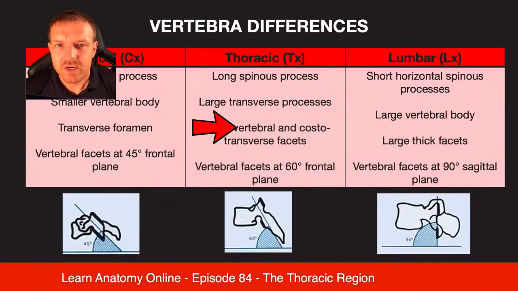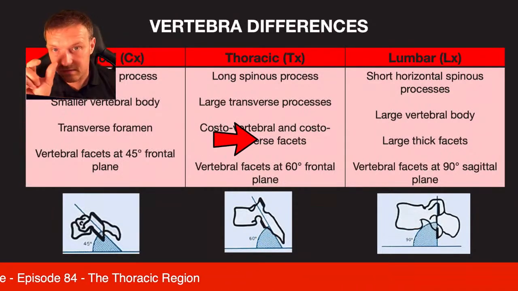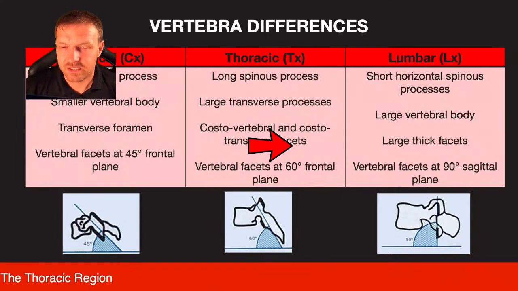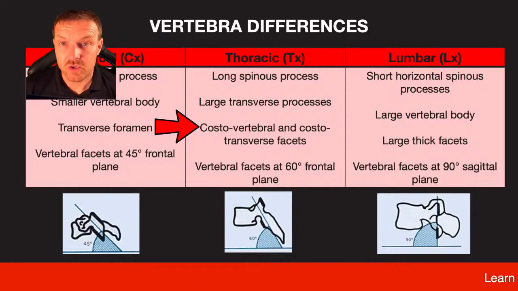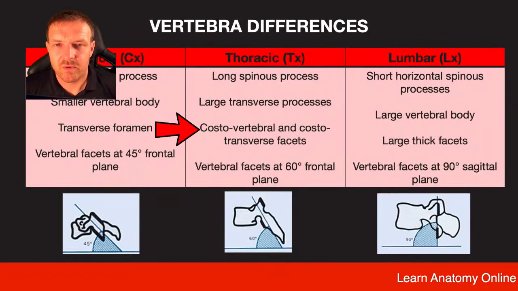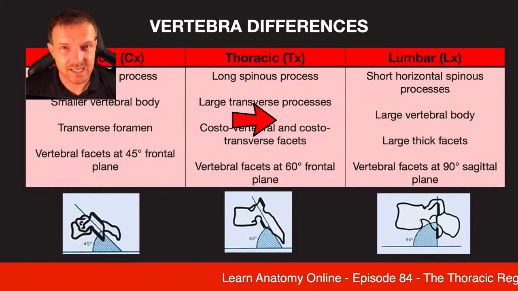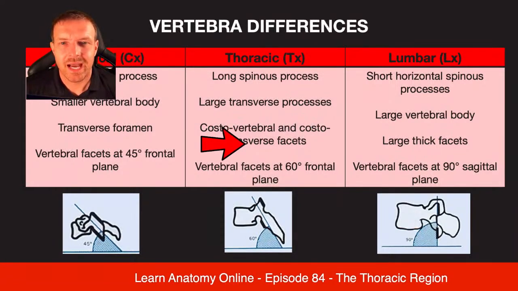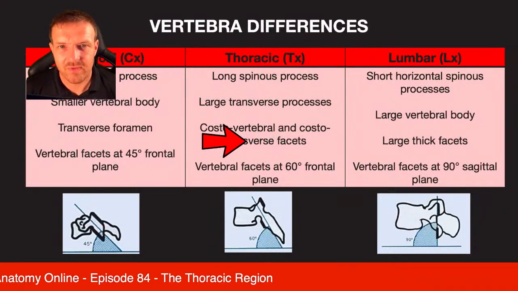The costovertebral and costotransverse areas, so those joints, have facets. So they have joints as well. So let's break those words down. So costal, remember, means ribs. So we've got a joint between the rib and the vertebra, and we'll have a look at that in a second. And then the rib and the transverse process, which is the side sticky out bits. And again, we'll have a look at that in a bit.